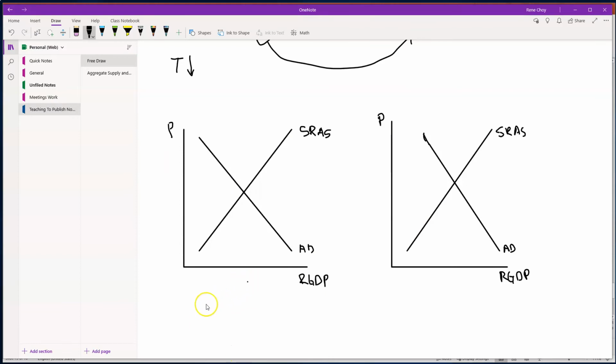Now, stagflation can happen due to a negative supply shock. So let's say that the price of oil rises very quickly.